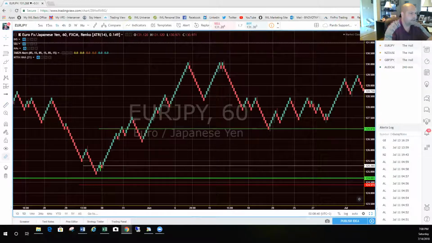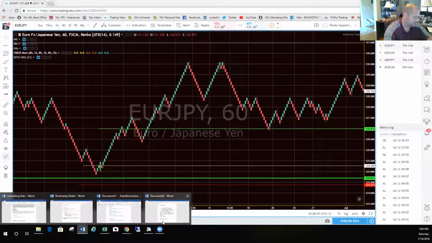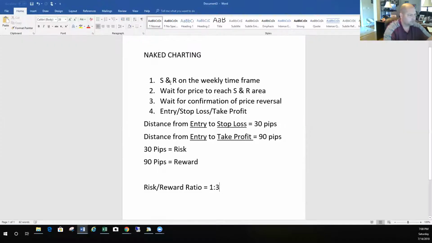So again, I'll just pull that up one more time. Draw your support and resistance on the weekly time frame. You can go ahead and check it on the daily and 4-hour as well, and then maybe look to drop down to your hourly for your entry. But you need to wait for the price to reach that area, and then wait for a confirmation.